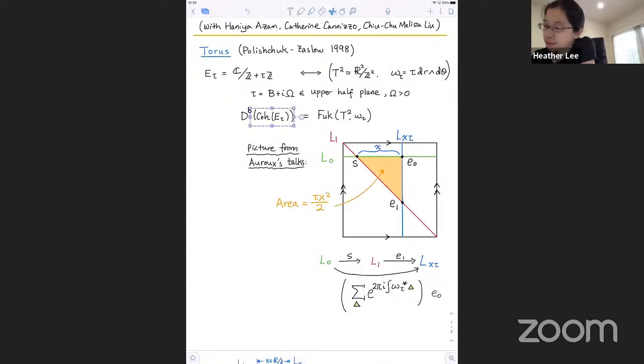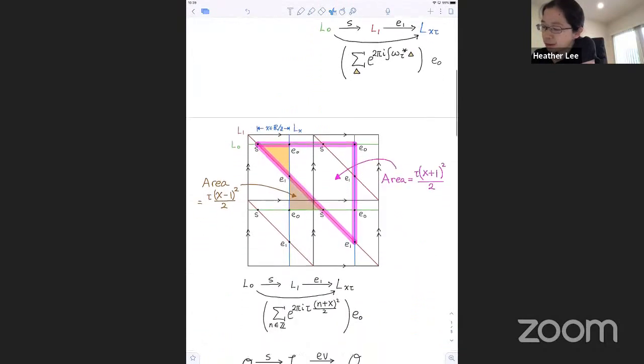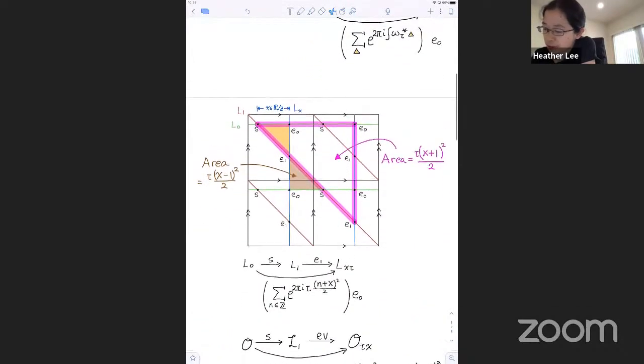So our three Lagrangians turn out to correspond as follows. L0 corresponds to the structure sheaf. L1 corresponds to the degree 1 line bundle on the elliptic curve. And this L x tau corresponds to a skyscraper sheaf at the point x tau.